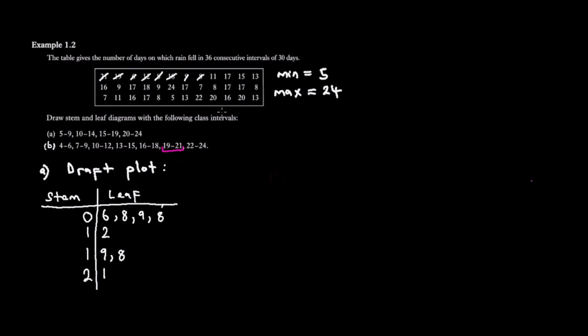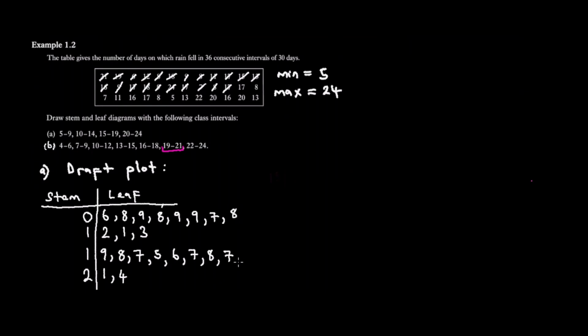Then 8, 11, 17, 15, 13. It's forming itself. 16, 9, 17, 18, 9, 24, 17, 7, 8, 17 and another 17, 8, 7.